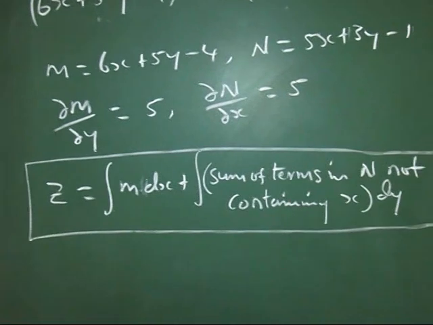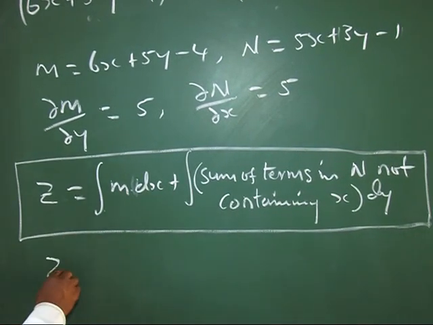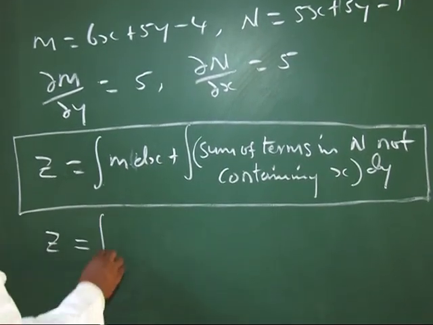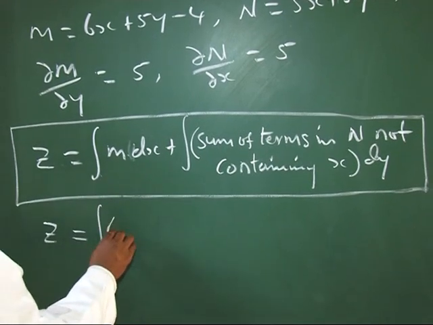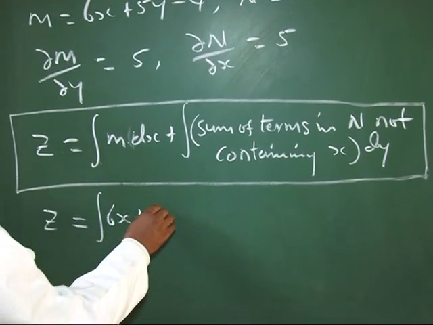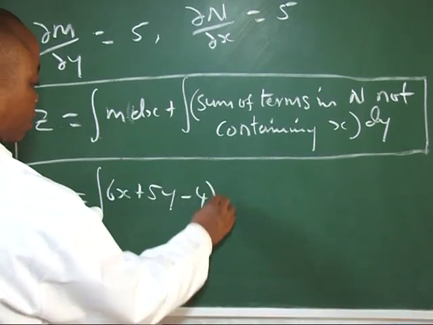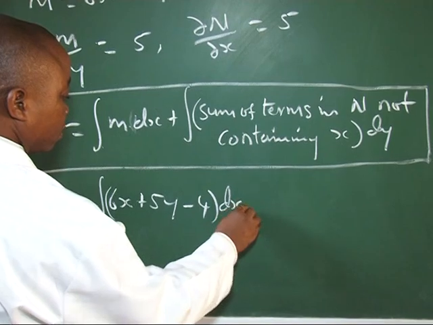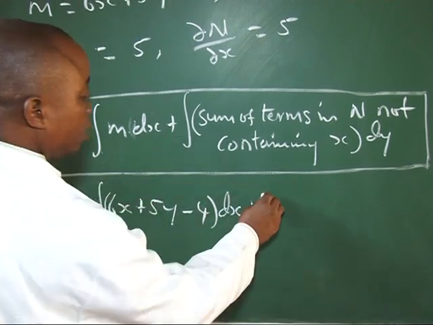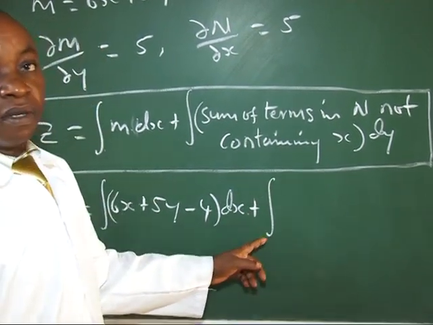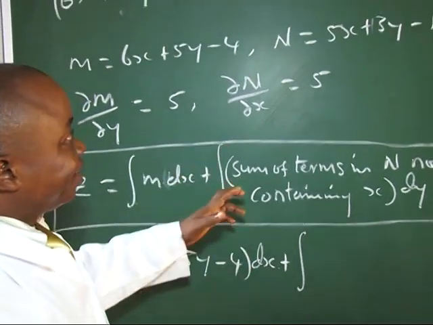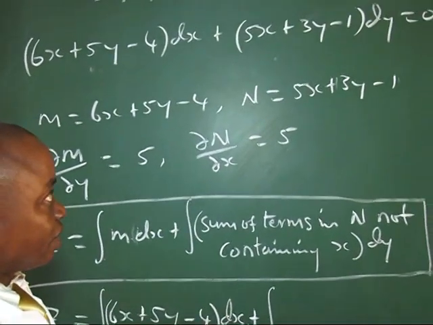Alright, then dy. So that means z will be equal to the integral of M, which is 6x plus 5y minus 4, dx, plus the integral of the sum of terms in N not containing x.